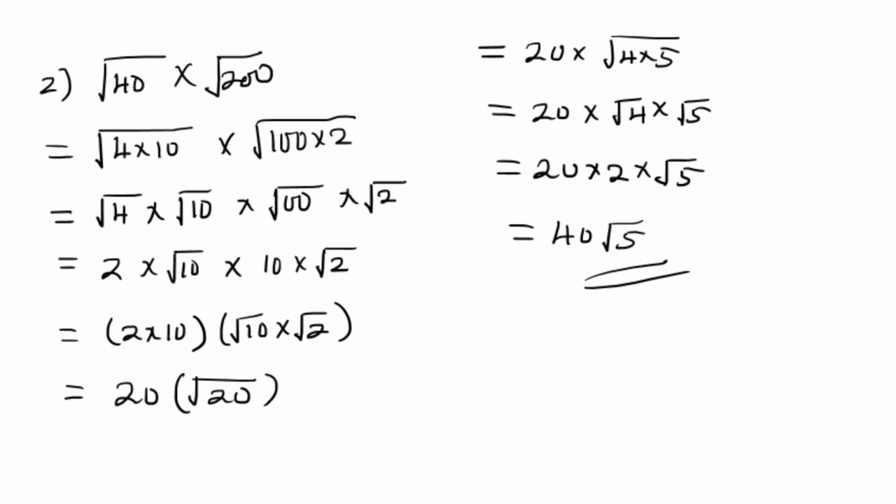Let's also take one more before we bring this section to a close. We have here question 3, 4 times the square root of 14 times 2 root 2. Now if you observe the given surd, it is not a perfect square, and we can also express them as a product of a perfect square and an imperfect square.